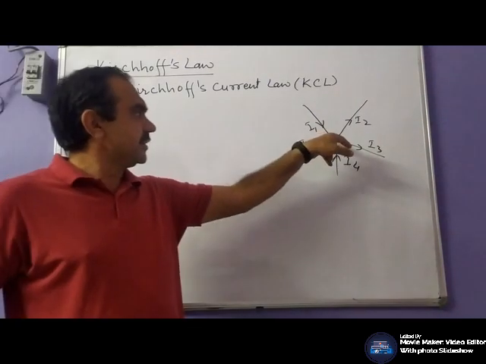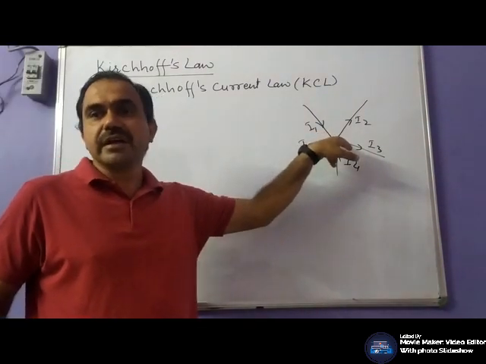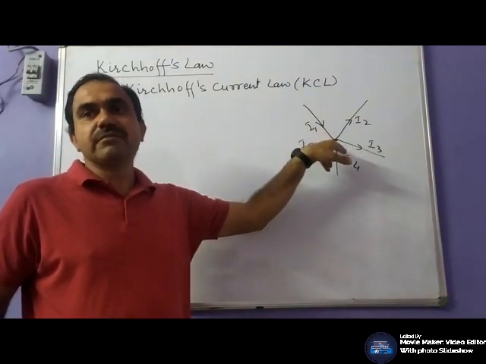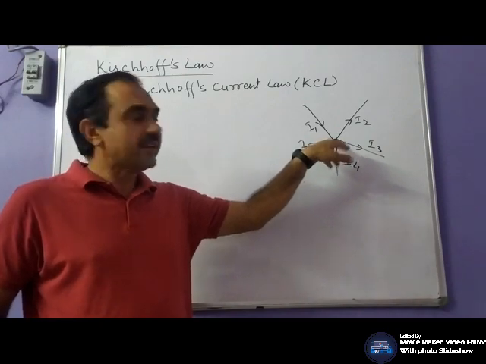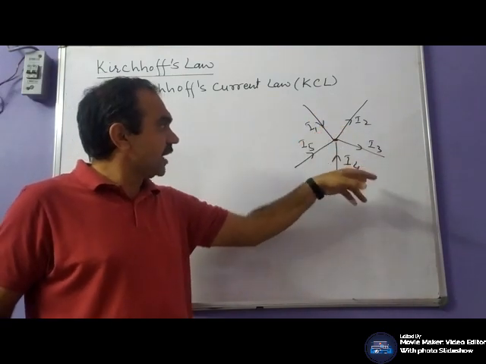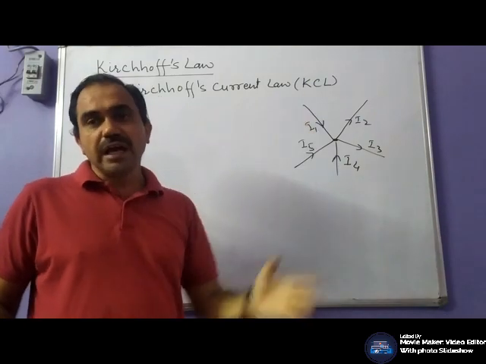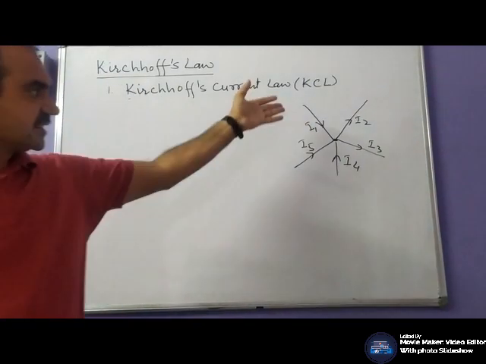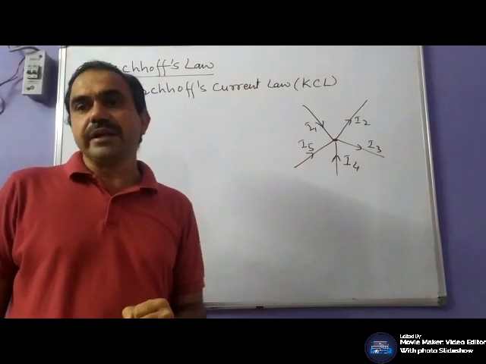So this is the point, this is the junction in the network. At this we have to find out the current. For that there are a number of currents, some going away from this point and some towards the point.